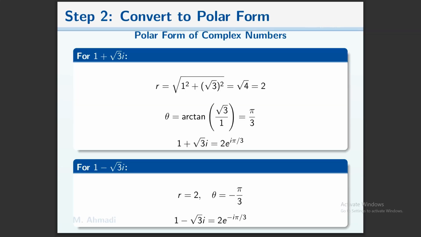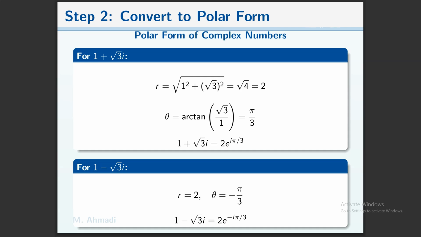We use the polar form of complex numbers. For 1 plus the square root of 3i, we write r equals the square root of 1 squared plus the square root of 3 squared, which equals the square root of 4, which equals 2. And theta equals the arctangent of the square root of 3 over 1, which equals pi over 3.